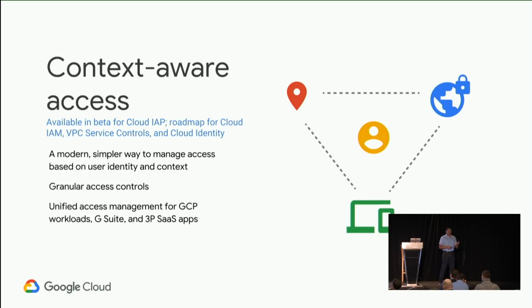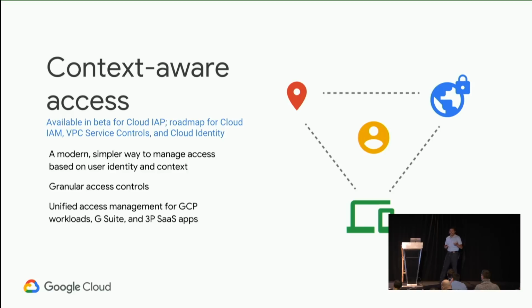Context-aware is another security area where we bring the BeyondCorp security model using these policies. It allows you to place access control rules for your applications based on user identity and also the context. When I say context, I mean where this request is coming from: which IP address, which device, and things like that.